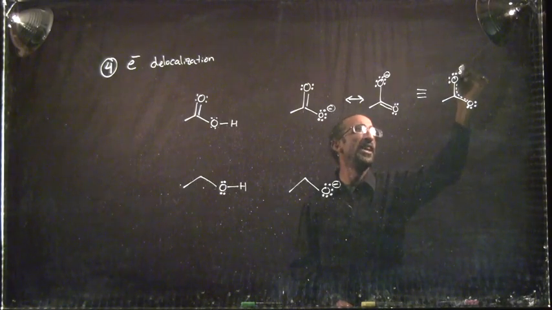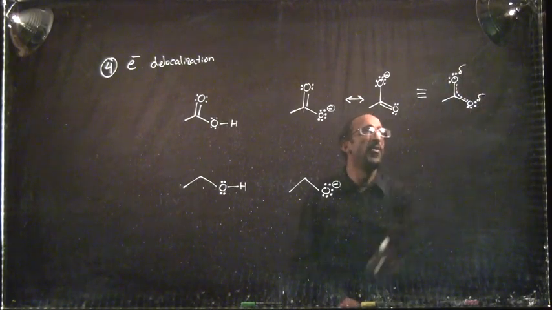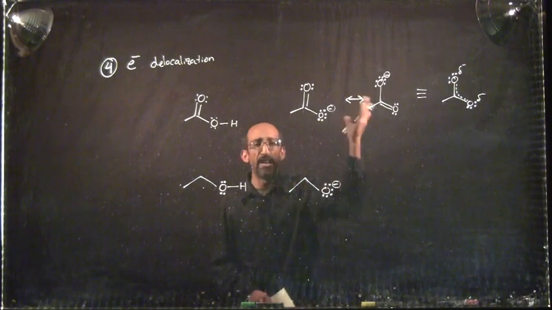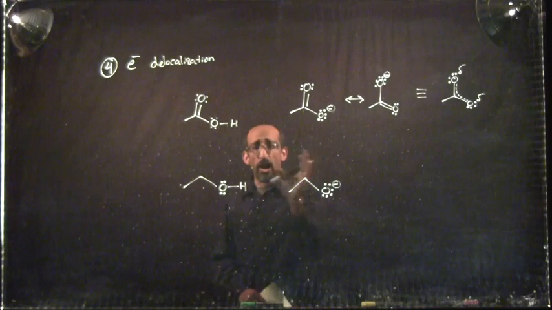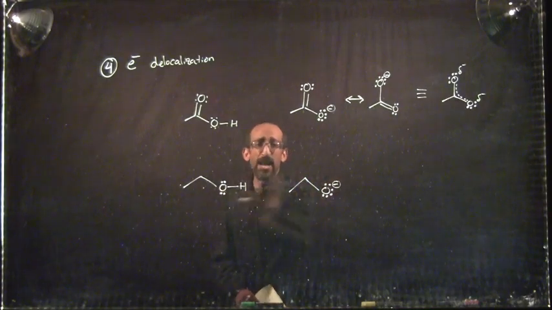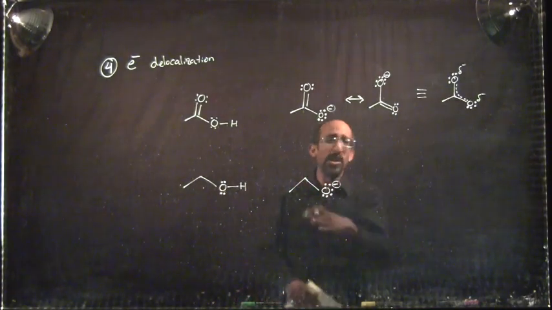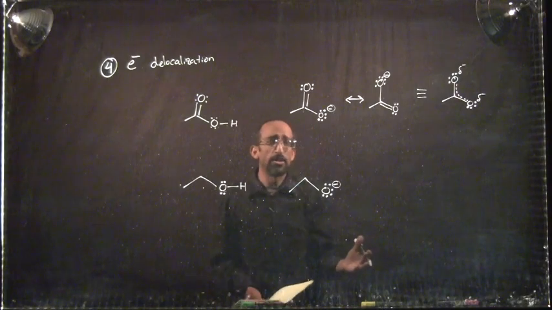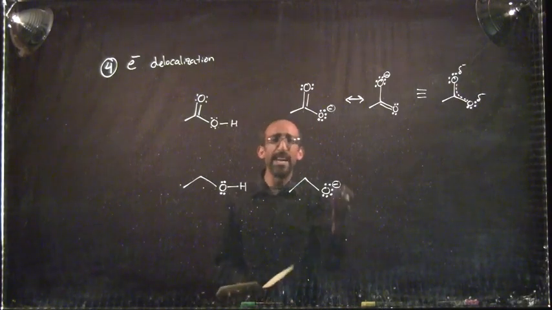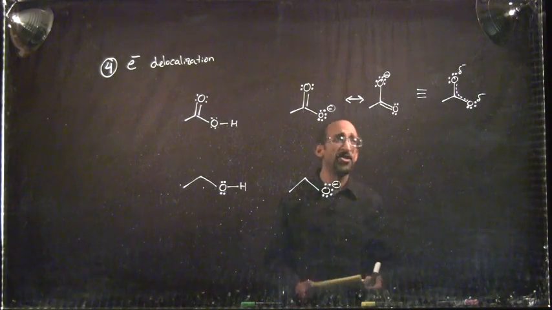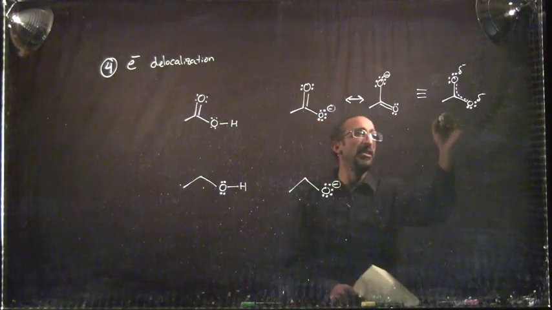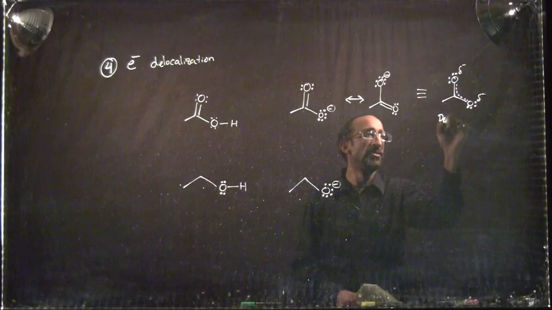And we have a partial negative on each of our oxygens. We have distributed that negative charge. It is now involved in resonance. However, for our conjugate base of ethanol, ethoxide, we can't form any resonance structures. We can't delocalize the charge that is formed on this oxygen atom. So here now we have delocalized charge.